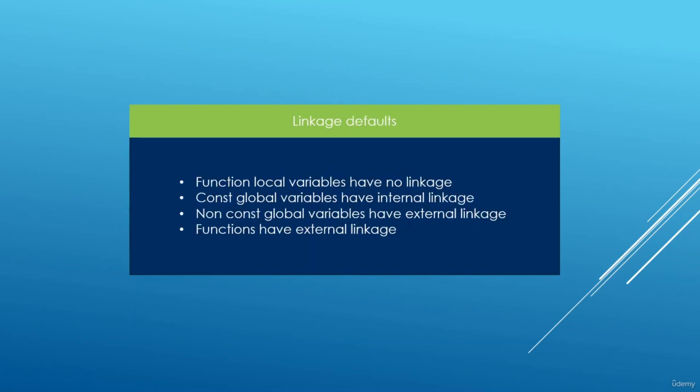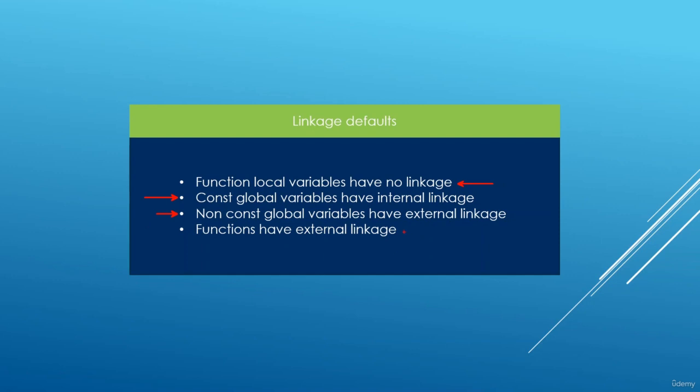Okay, so let's recap what we just talked about here. Function local variables have no linkage, so they can't really be accessed even from the outside of the function. If you try to do that, you're going to get a compiler error. Const global variables have internal linkage by default, so they can only be accessed and used from the translation units where they were declared. Non-const global variables have external linkage by default. They can be used in other translation units, and we're going to see a few examples of this in a minute.